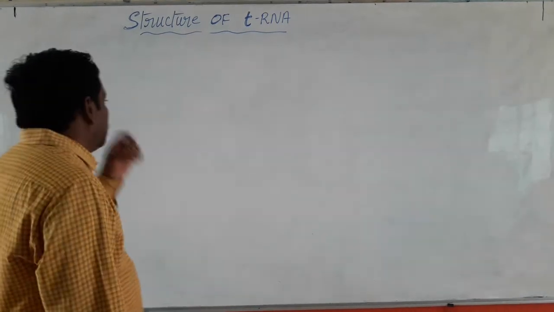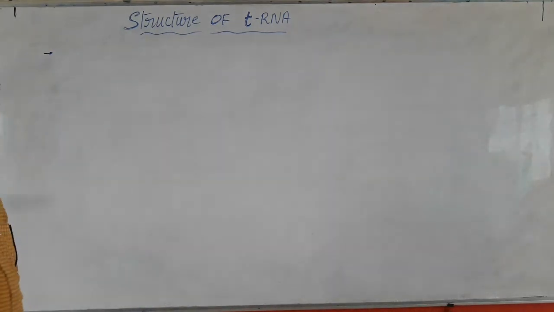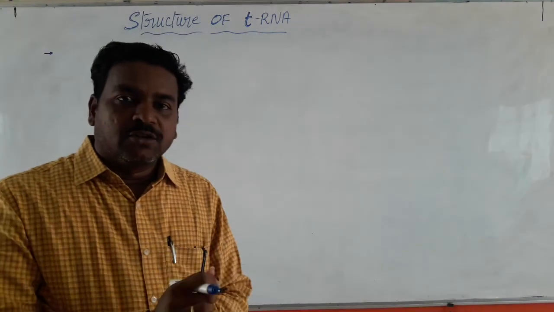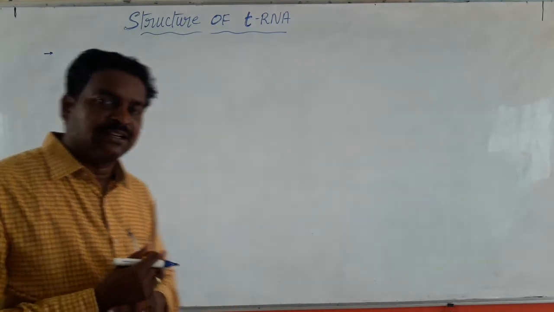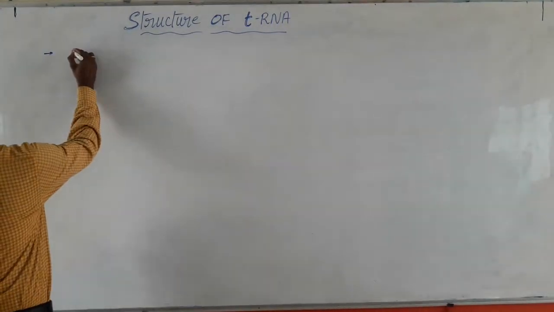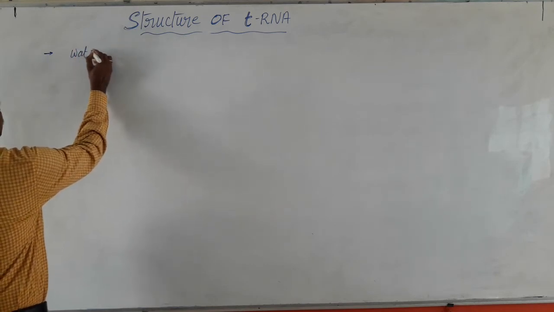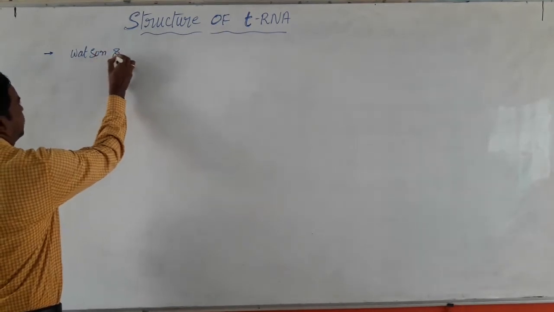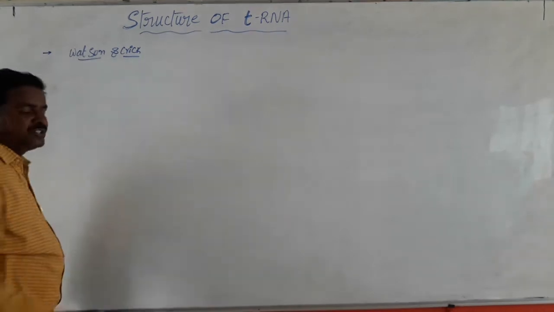From the very beginning of the genetic code, it was very clear to Watson and Crick. What is the contribution of these two scientists?